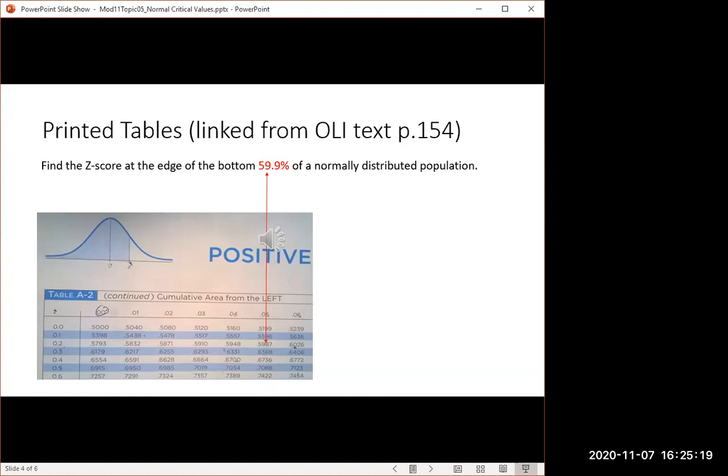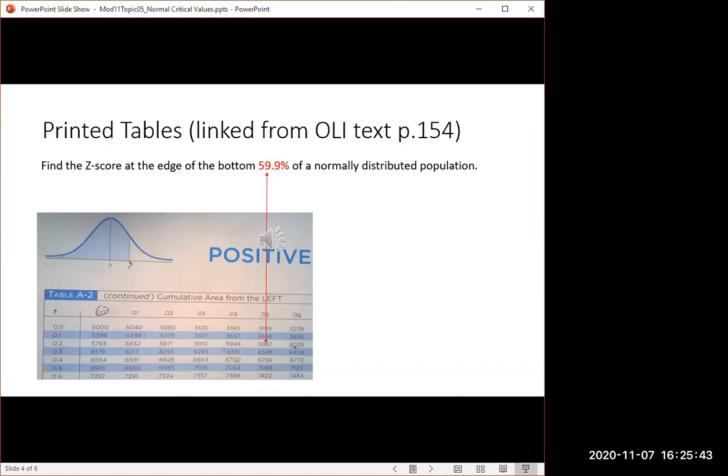So how do I find that z-score in the table? First, the areas, the blue shaded areas in the picture correspond to the numbers in the middle of the table, and I just go looking for the 59.9, and here on the third row I find 59.87.